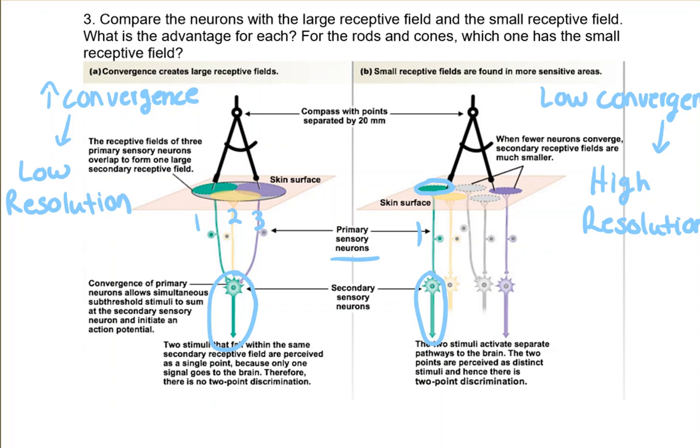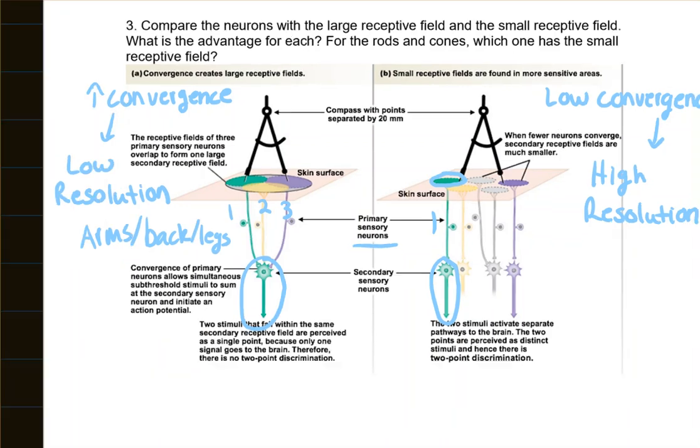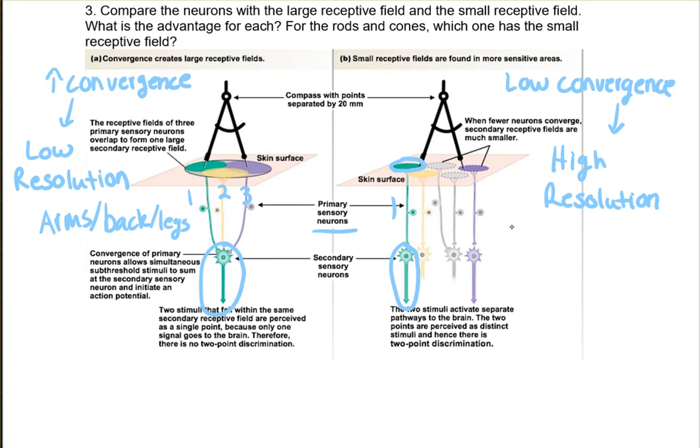Now, the way this is related to our senses is the high convergence would be areas like maybe your arms or back or legs. So areas of your body that are small on the homunculus. And the small receptive fields would be the areas on the homunculus that are big, so hands and face.